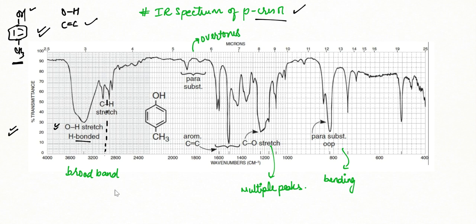For the peaks with a value greater than 3000, it is going to be sp2 carbon hydrogen stretching, and for the values less than 3000 centimeter inverse, it is going to be the sp3 carbon hydrogen stretching.